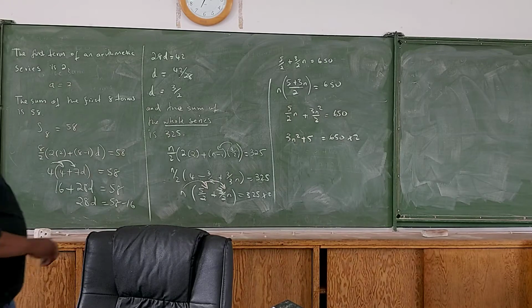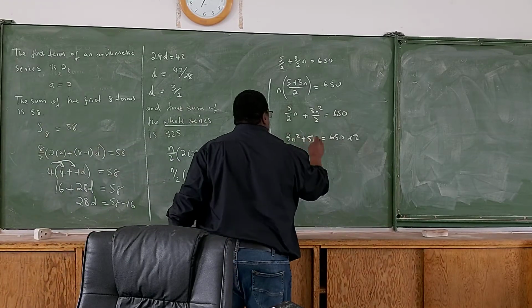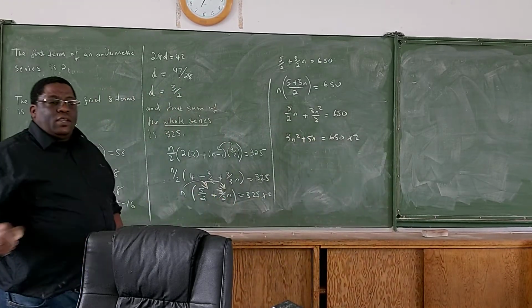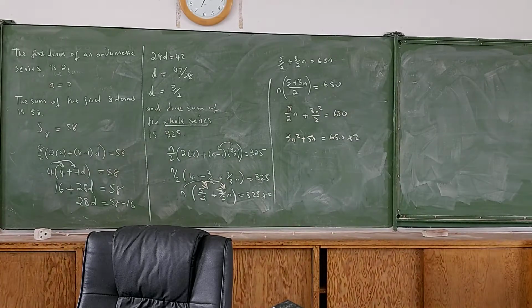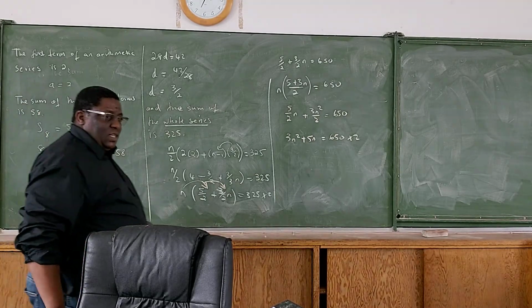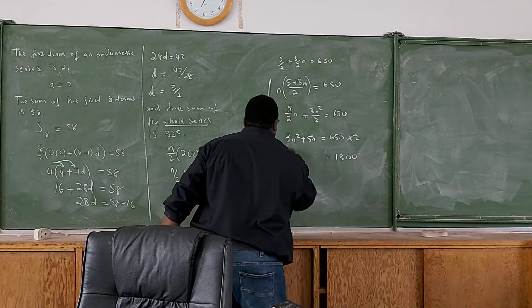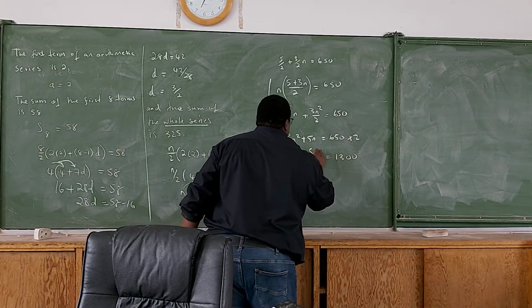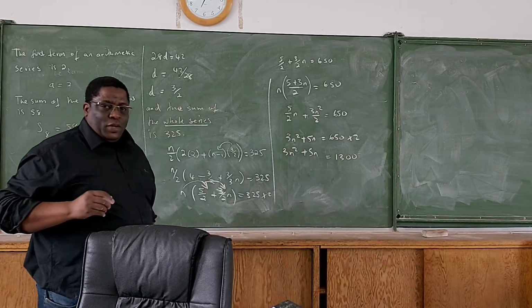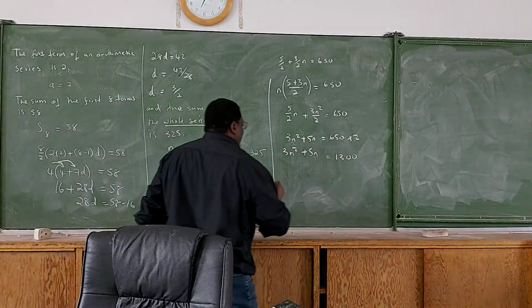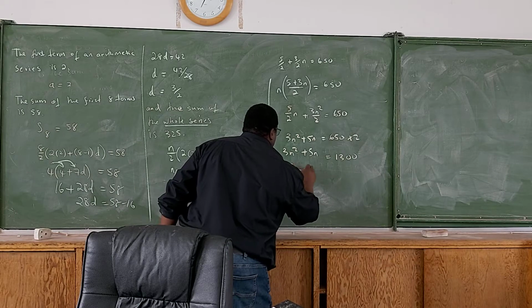Now what is 650 times 2? 1,300. Right, you agree? So the quadratic becomes 3n squared.